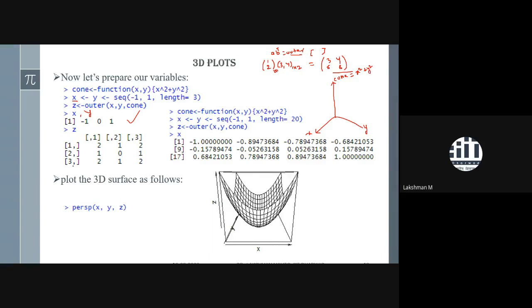Along x you have taken 3 values: -1, 0 and 1. Similarly for y you have taken 3 values: -1, 0 and 1.